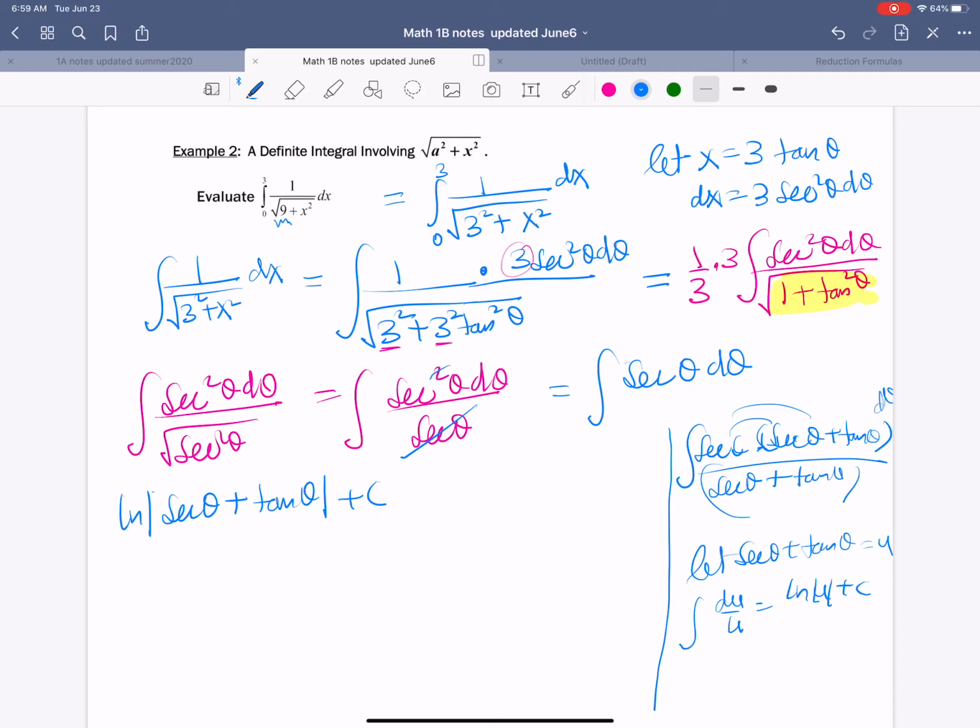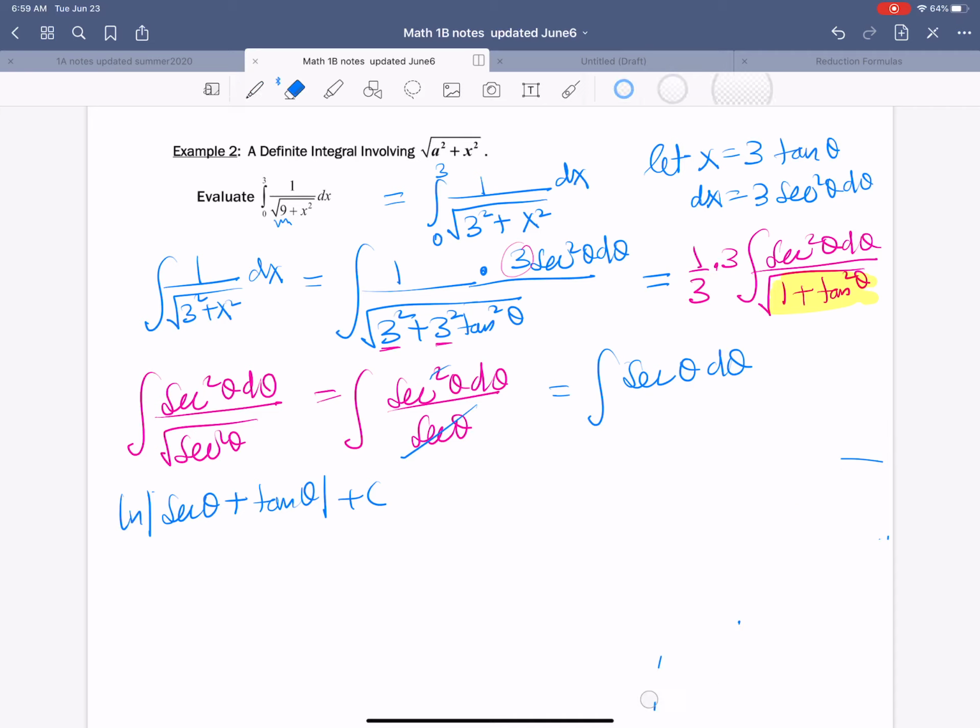Okay, so we're not going to stop over here because our problem did not have any thetas. Our problem did have x's, so we want to go back to x's. Always draw your right triangle, okay? To go back to x's, always draw your right triangle. So my right triangle would be, in the beginning, we did let x equals 3 tangent theta, so we can say x over 3 is tangent theta, and tangent is opposite over adjacent.